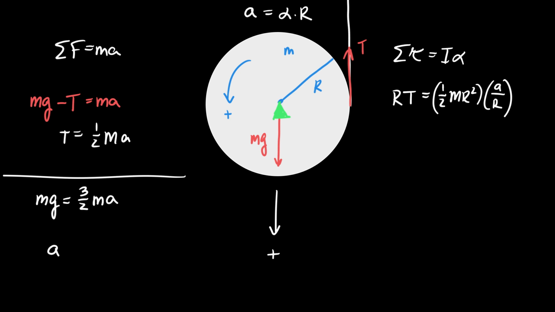And I just get a equals 2/3 g. This is a classic question. Obviously, the 1/2 is still buried in here. If this were a ring and not a disk, this would not be 2/3, right? It'd be different. It'd be a half because we would have gotten 2m there and not 3/2 m. So it would be slower.